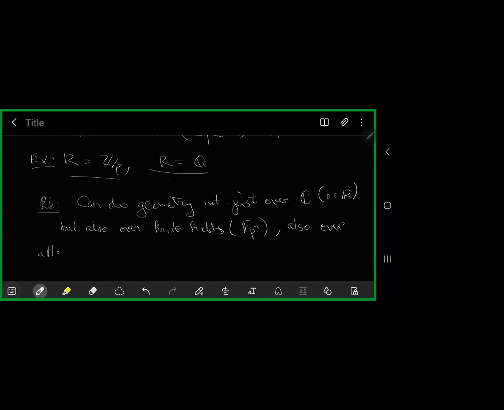All rings, and I'm going to specify the characteristics.